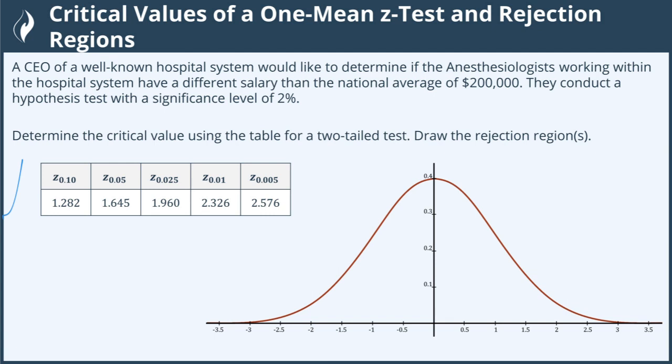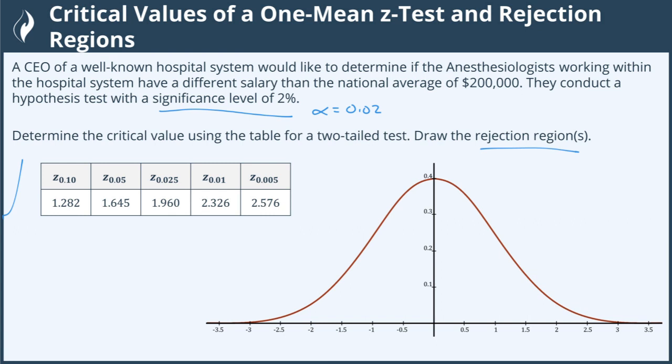We kind of give that away. Draw the rejection region. So you know that the rejection region is the region in which we reject the null. And the rejection region is basically the area of alpha, which is given to us because alpha is the significance level, 2% or 0.02.